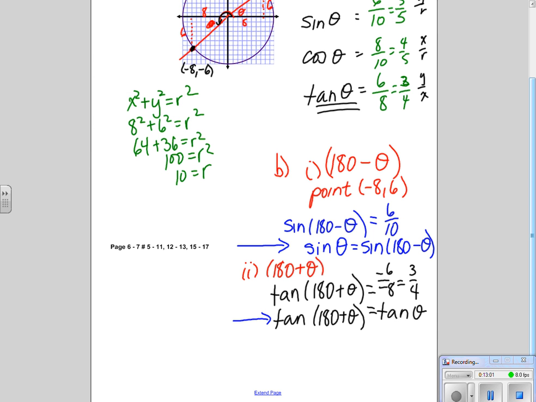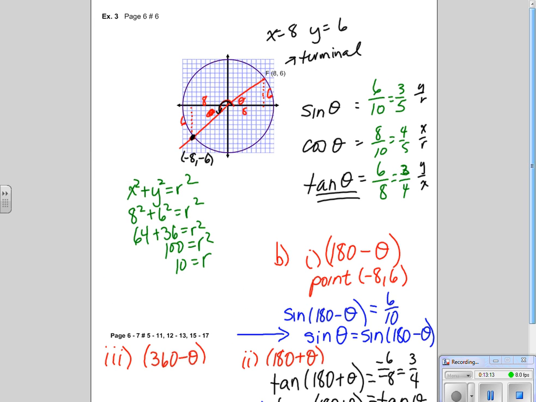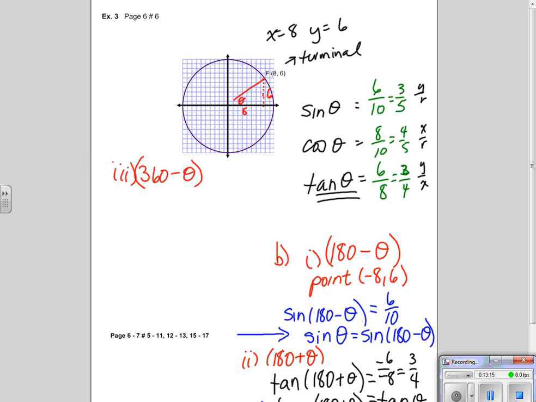Lastly, they ask us to look at 360 minus theta. The angle 360 minus theta is in the fourth quadrant. In the fourth quadrant, where you've had an angle of rotation all the way around there, where you have an angle of rotation of 360 minus theta.